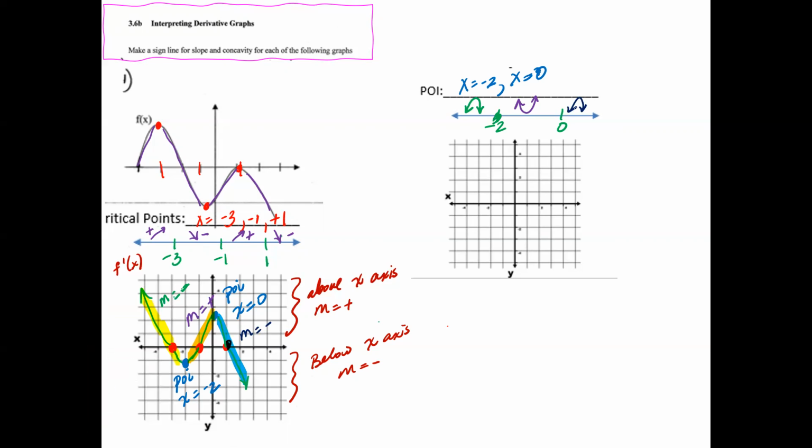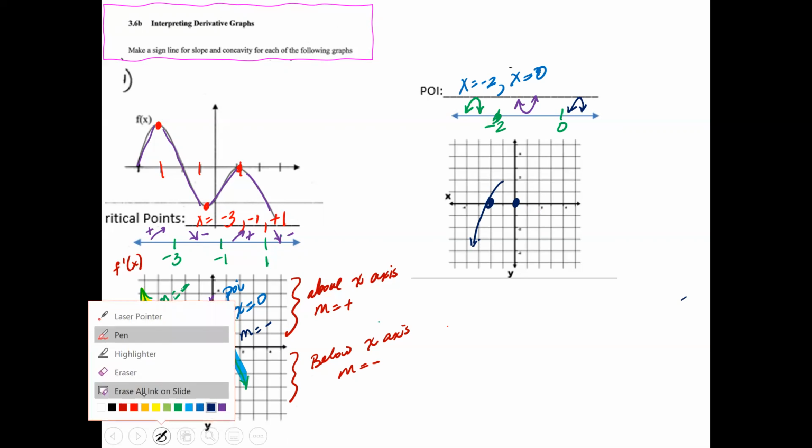All right, so let's go ahead and graph this because we've not done this before. So you can start off with -2 and 0. Okay, so then on the left side of -2, it is concave down. Between -2 and 0, it is concave up.